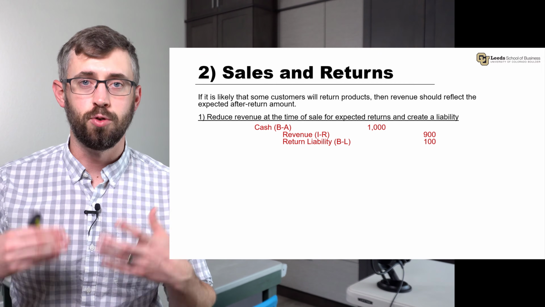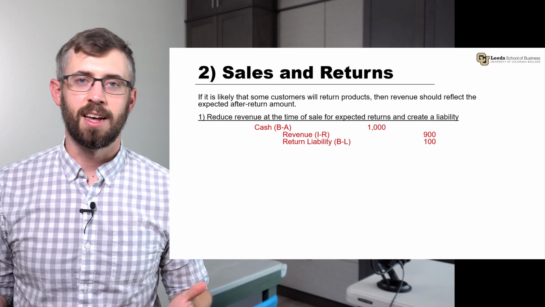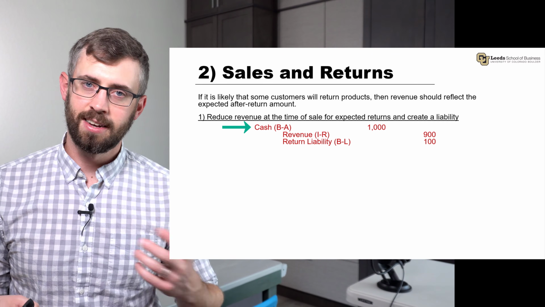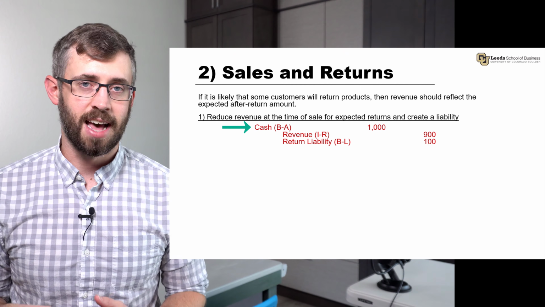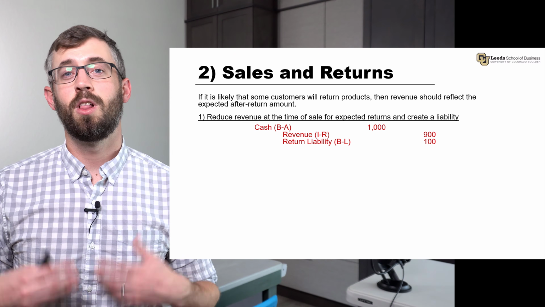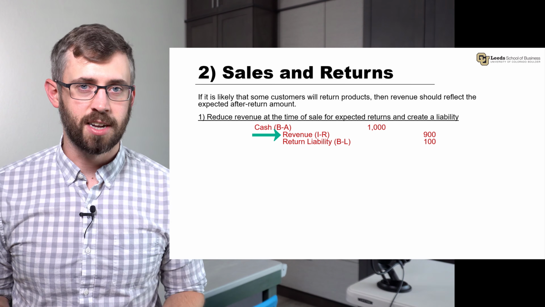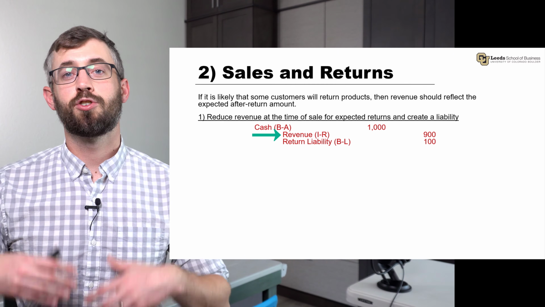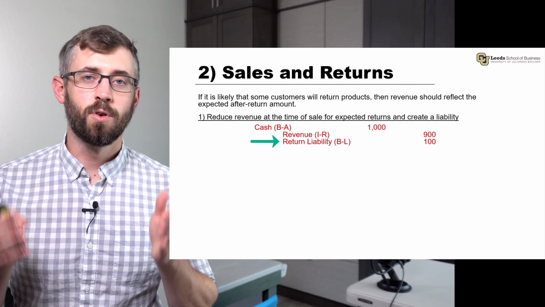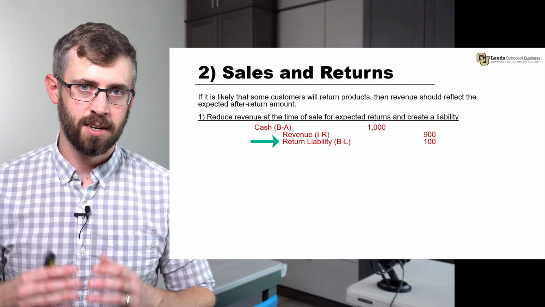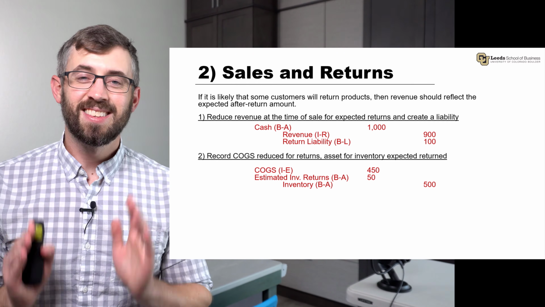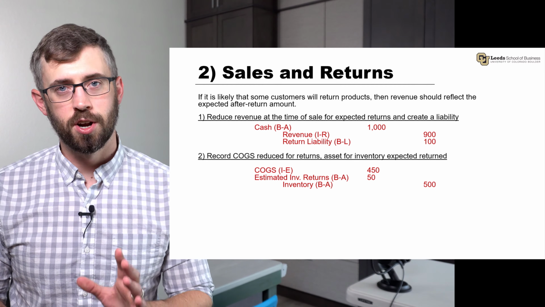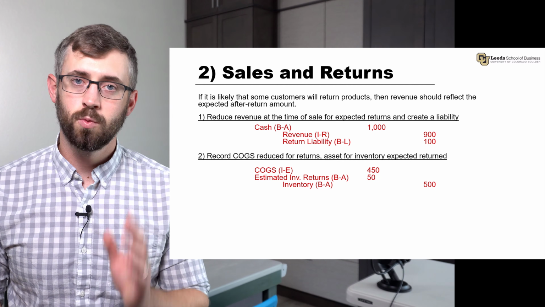Let's say we sell $1,000 worth of goods, we collect $1,000 in cash when we make that sale, but we know about 10% of that is going to be returned. Well, we'll only recognize $900 in revenue, and we create a liability for the $100 that we expect to return to the customers who return their goods. Now, at the same time, this estimated return affects our cost of goods sold as well.